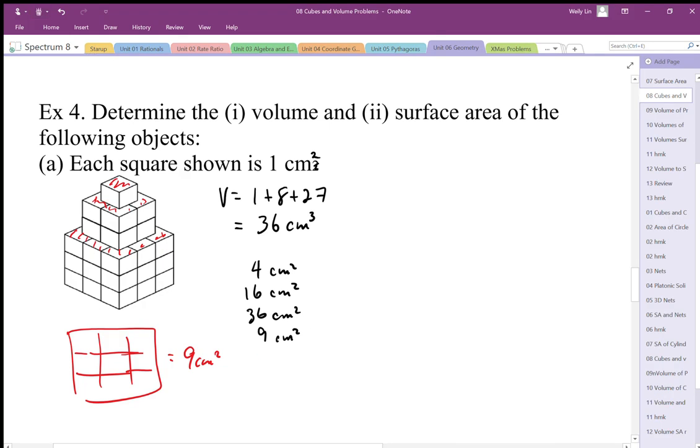And I've accounted for all the surfaces in this way. Now I've kind of put together these 3 surfaces into one surface, but all the surfaces have been accounted for. So when I add that all up, I'm going to get, what's that, 54 plus 20, and I'm getting 74 square centimeters as my surface area.